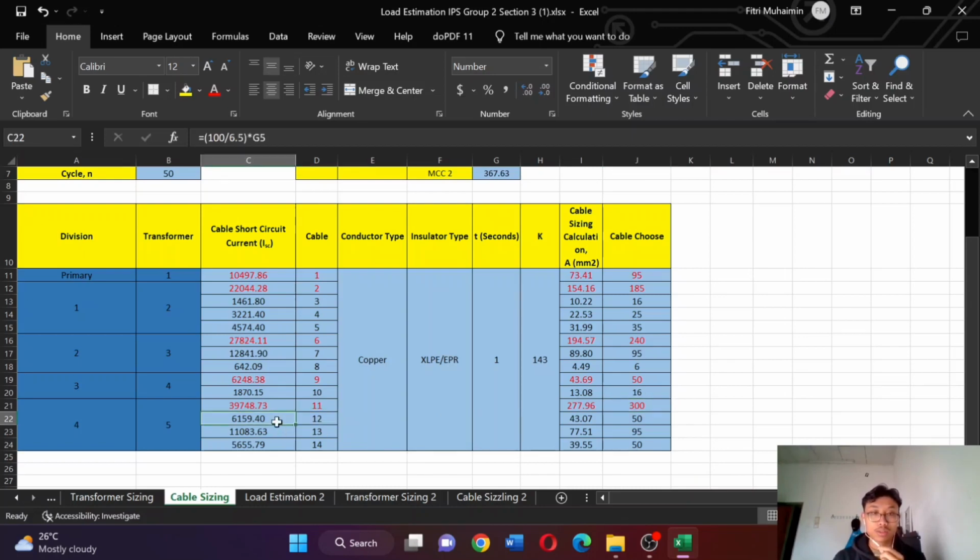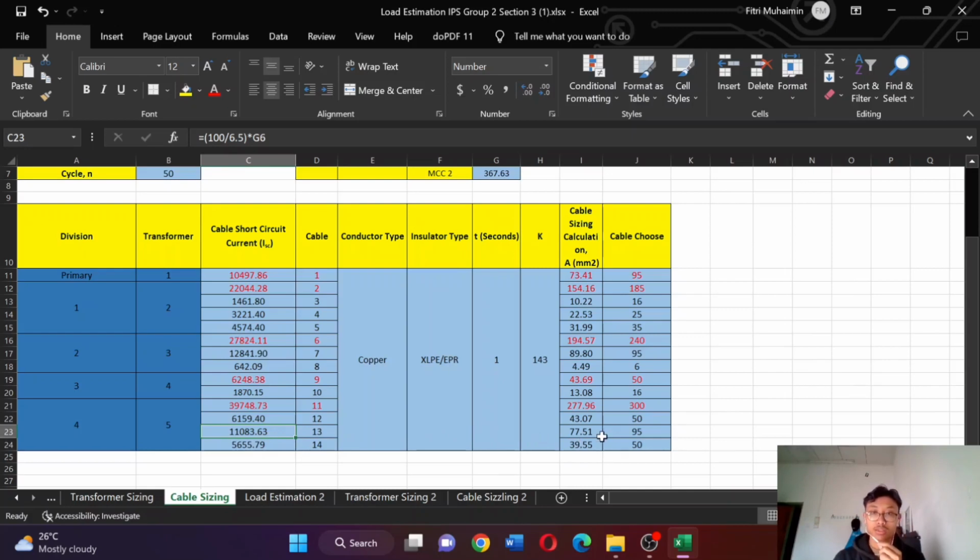For the load, as you can see, it is 61559.40. We get the A is 43.07, so we choose 50. The ISC we get is 11083.63.